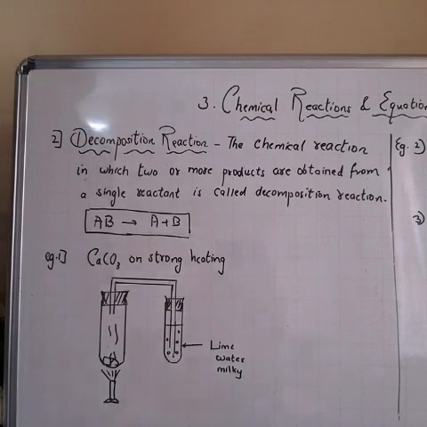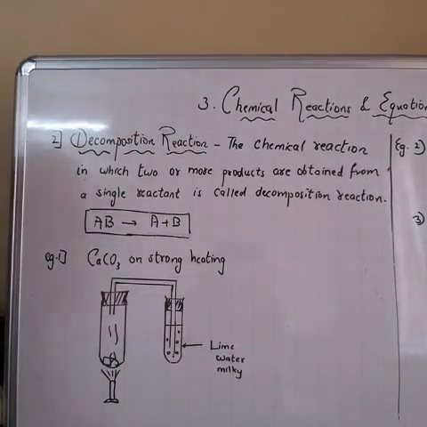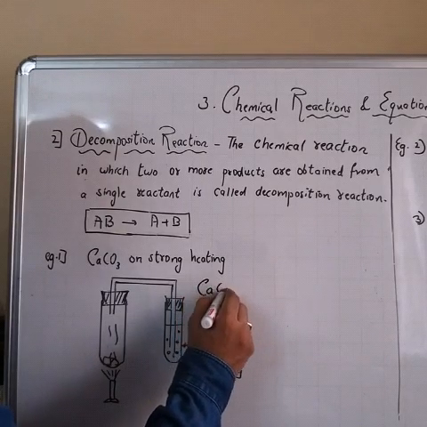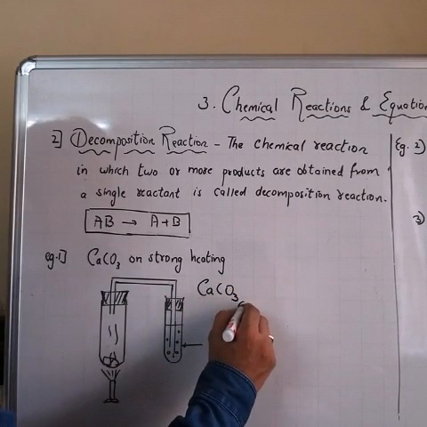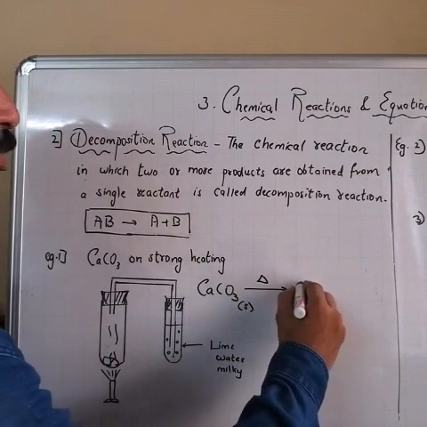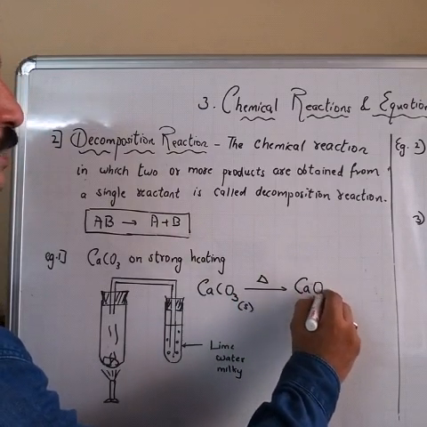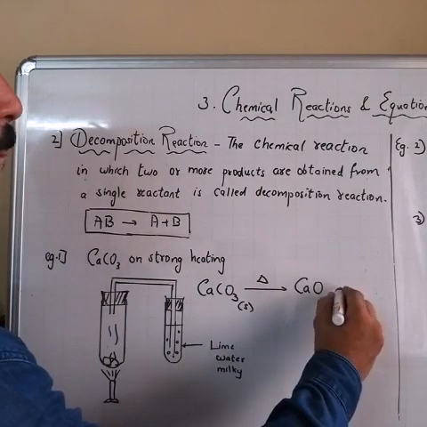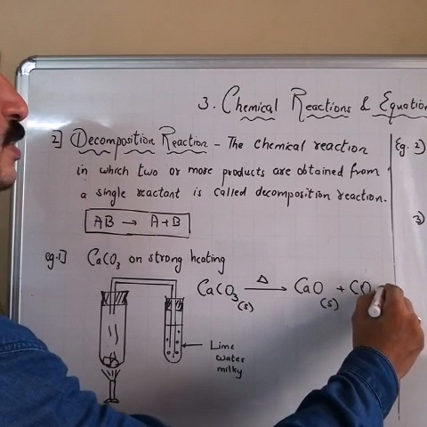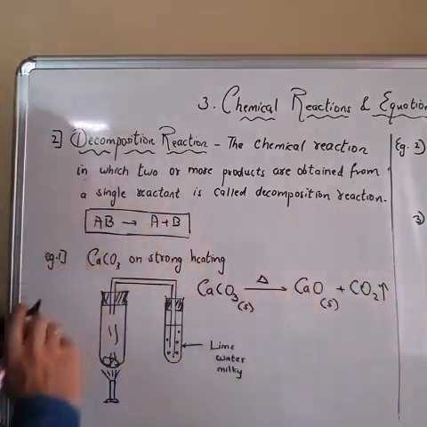So the chemical equation which we will write here is, see, calcium carbonate, CaCO3, which is in solid state. I will heat it, it gives calcium oxide, which is also in solid state, and carbon dioxide gas is liberated. We put an upward pointing arrow.